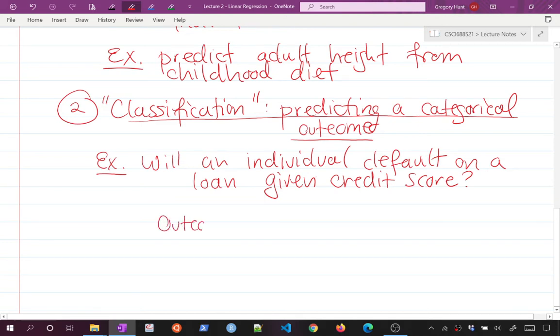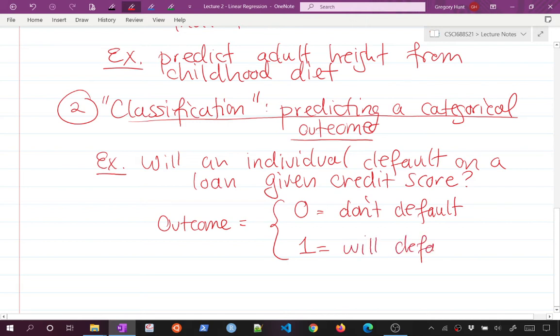So here my outcome is two options, and I can always encode this as a binary variable: 0 means maybe they don't default, and 1 being that they will default. So this is of interest to banks, to car companies. They want to know, are you going to default on your loan if we give you a loan for this certain amount? And there are a lot of statisticians being paid money to build models to predict this. There are various variables they're allowed to use and not allowed to use. But it's a real problem, and I have colleagues who've worked on that.